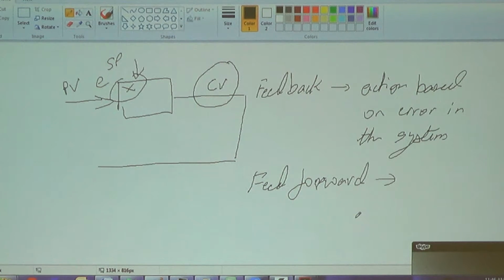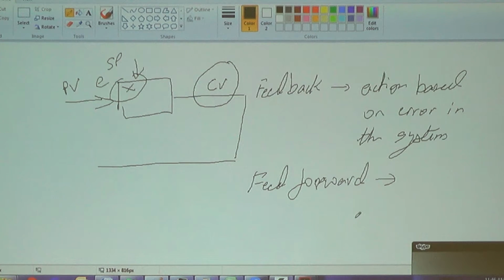So an example is, let's say I have a heat control system again, where a furnace is there. I'm trying to control the flow. Now the feed is coming in. I know the feed amount will always be 100 GPM, and I have hot water or hot steam which is heating up that feed.